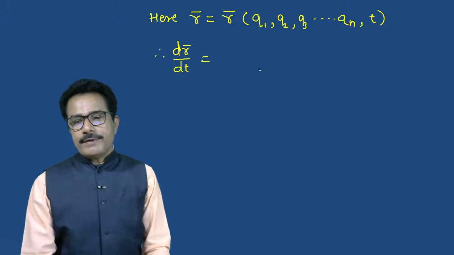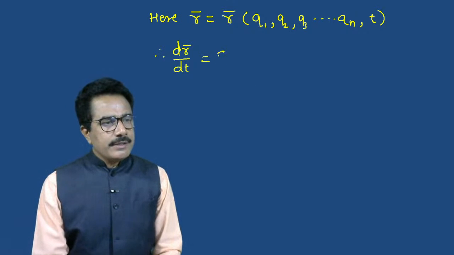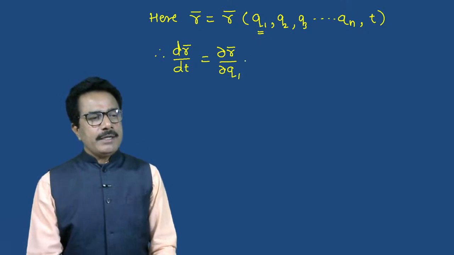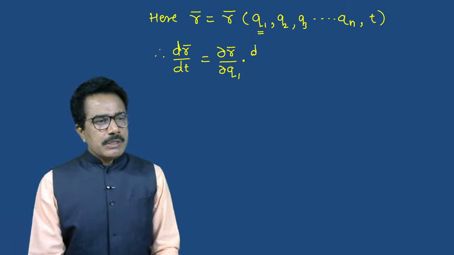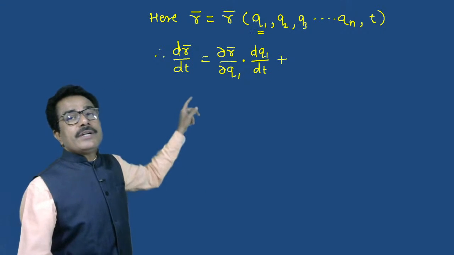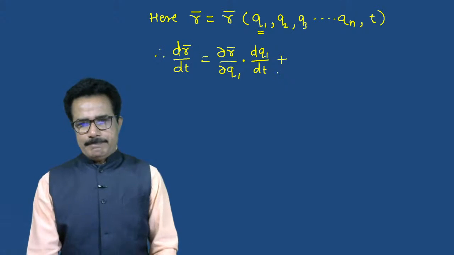That means we have to differentiate this with the partial. So we can write dou r bar by dou q1, where q1 is the first independent variable, into dq1 by dt. This is the derivative of q1 with respect to t.